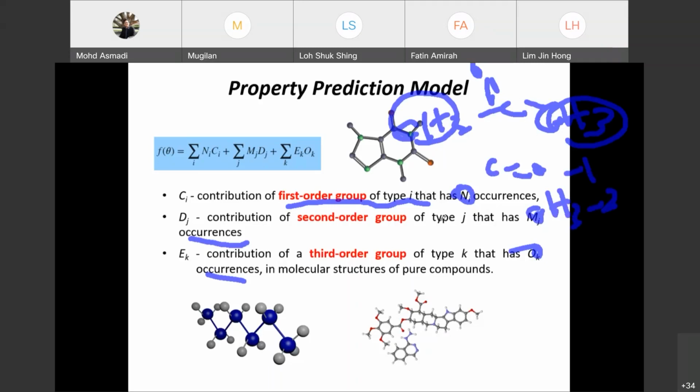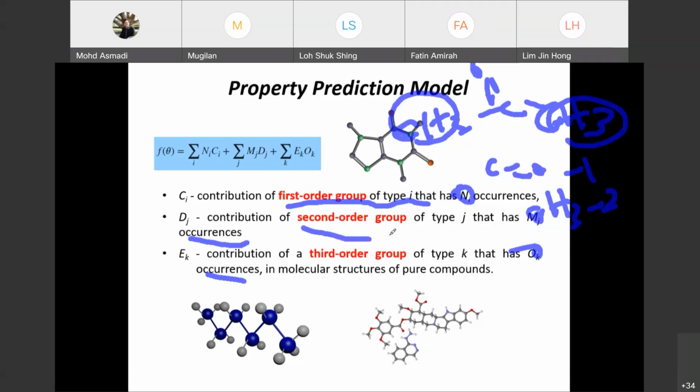While for the contributions, we have to refer to the paper. Later I will provide it for activity 6. It's the same. It's a very long list of contributions for each group: CH3, CH2, and so on.